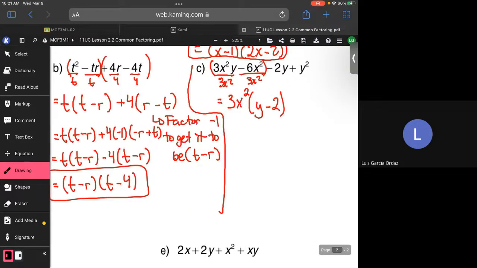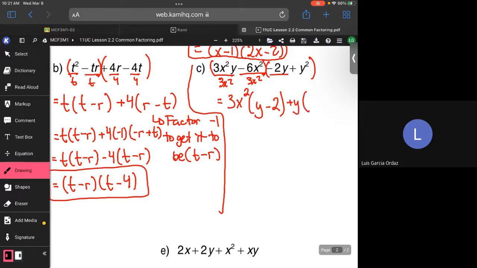Now let's focus on negative 2y and y squared. What is the common factor between negative 2y and y squared? Y. So we'll do plus y.